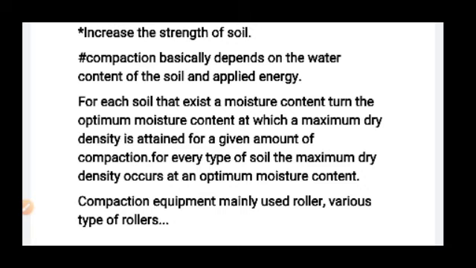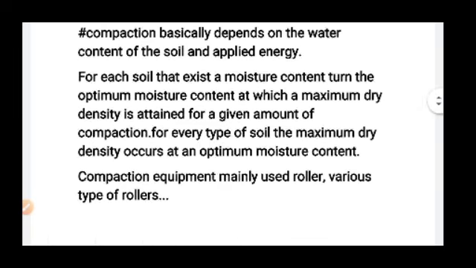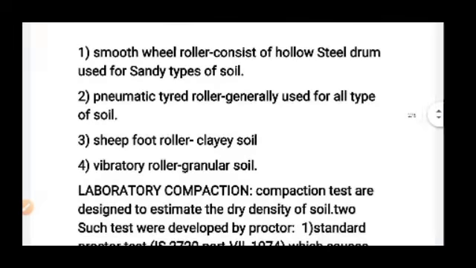Compaction equipment mainly used is the roller. Various types of rollers are: first, the smooth wheel roller, which consists of a hollow steel drum, used for sandy type of soil. Pneumatic tire roller is generally used for all types of soil.